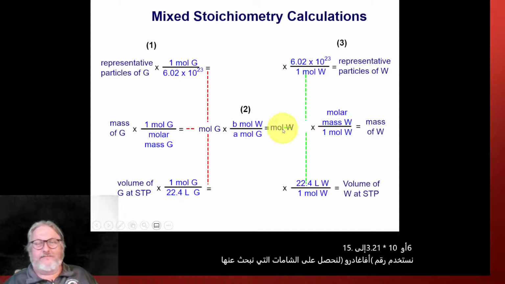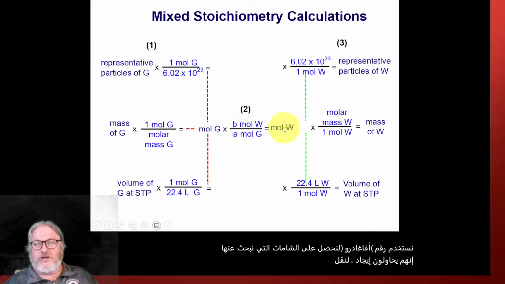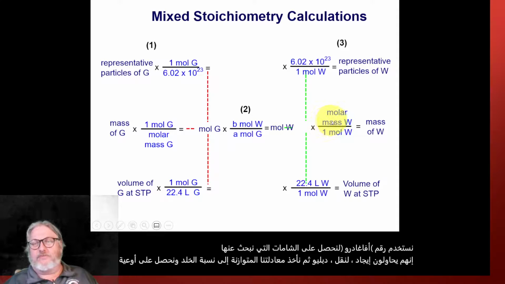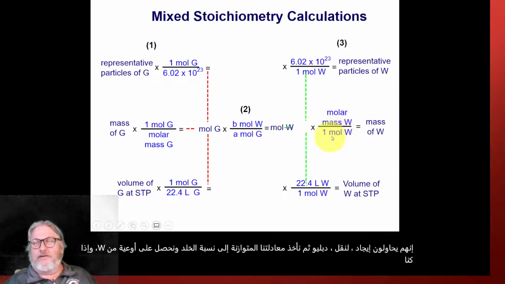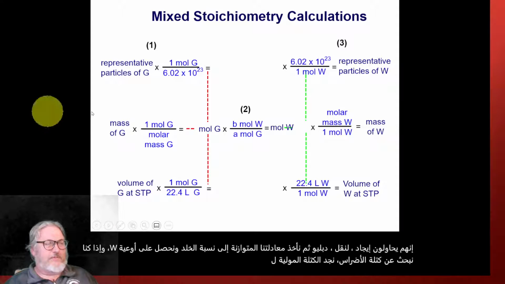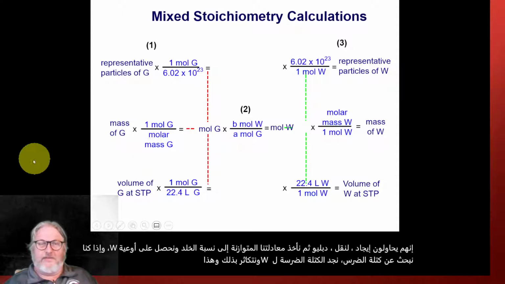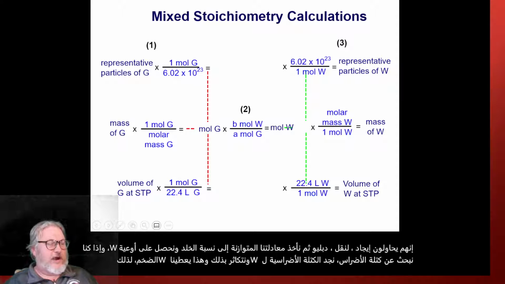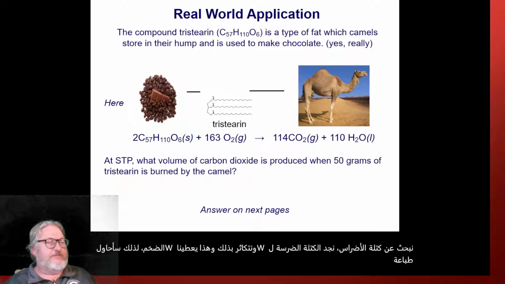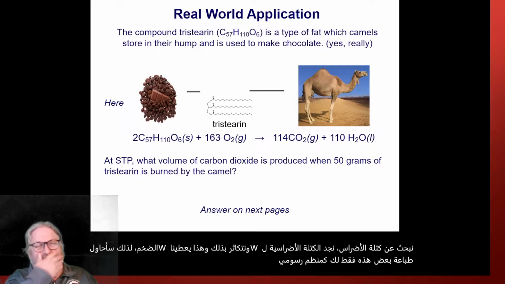They're trying to find, let's say, W. Then we take our balanced equation to the mole ratio and get moles of W. And if we're looking for the mass, we find the molar mass of W and multiply by that, and that gives us our mass of W. So I'll try to print out some of these just for you as a good little graphic aid. So here's a real world application.